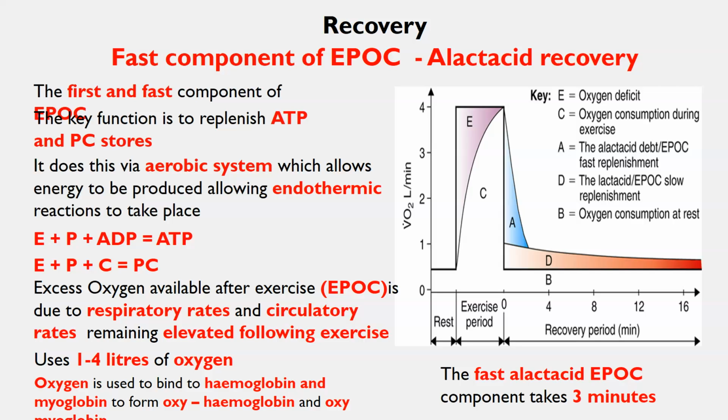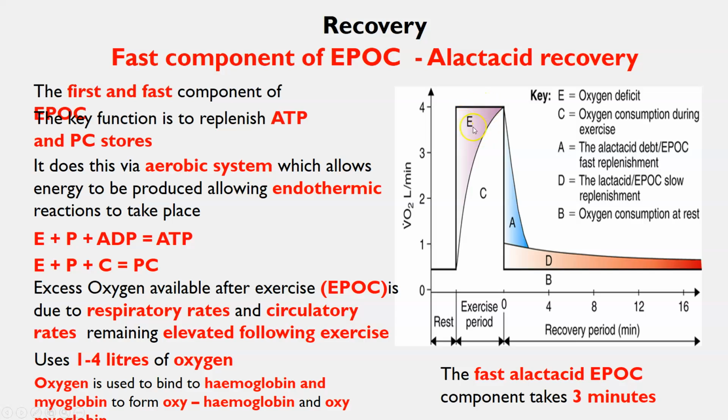That is if the intensity of the exercise is really high. Okay, so if the exercise intensity is really high, the first and fast component of EPOC takes approximately 3 minutes, uses 1 to 4 litres of oxygen, and what it does is it replenishes our blood and muscle oxygen as well as our ATP and PC stores. So that is everything we need to know with regards to the first and fast component of EPOC.